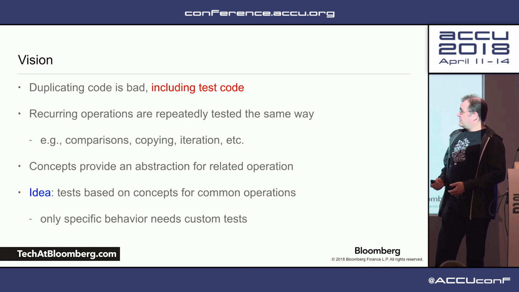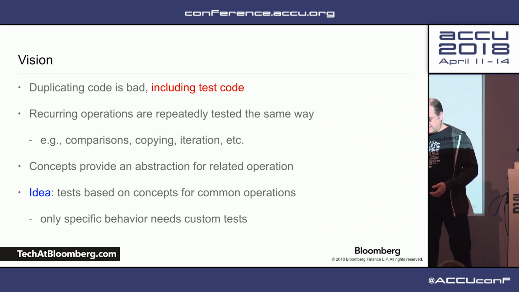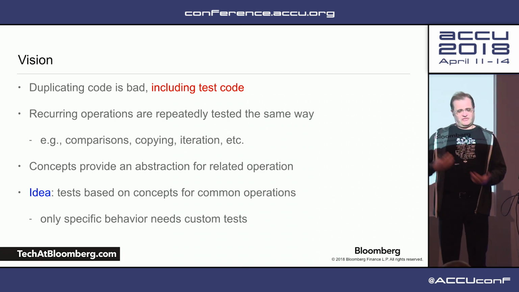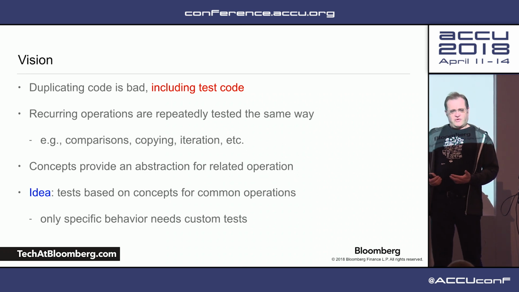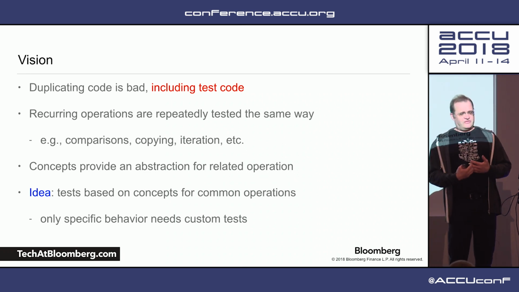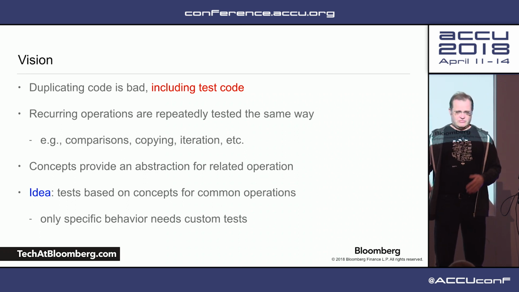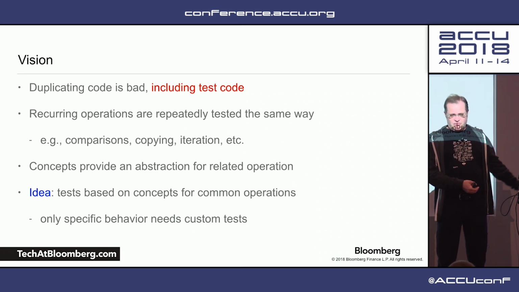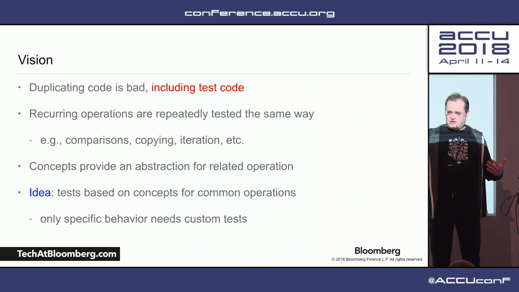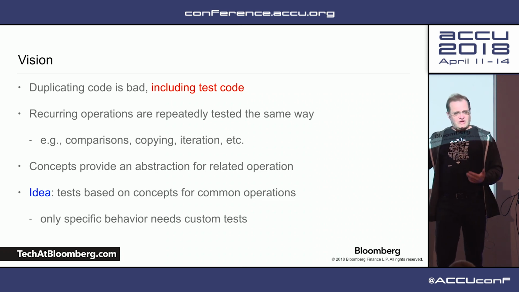Okay, so my vision is, at the moment when you write code, I hope everybody is testing things. However, let's say you write a container and you create an iterator for that, and you have created your own container for whatever reason before, you find that the container tests and the iterator tests look very similar.